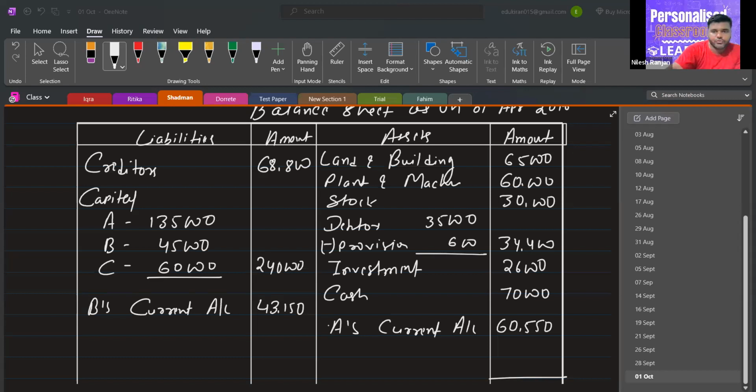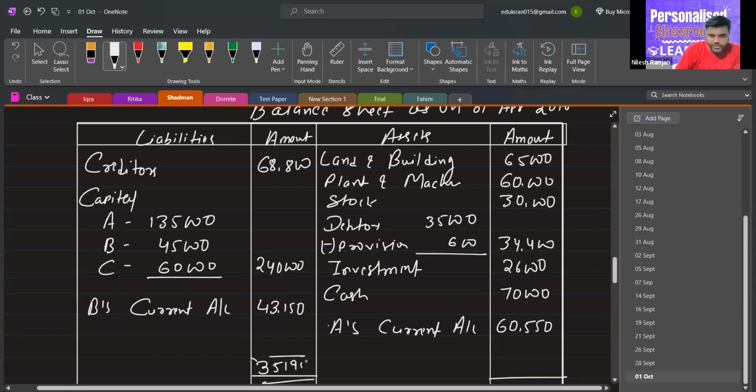So 2,40,000 plus 68,800 plus 43,150. So 3,51,950. Total on the liability side, it is 3,51,950.